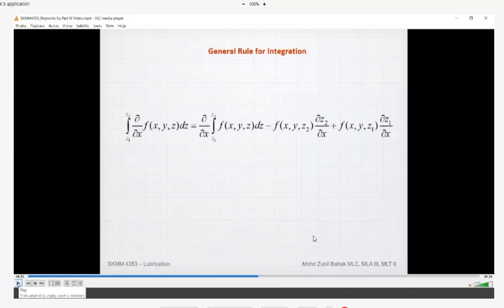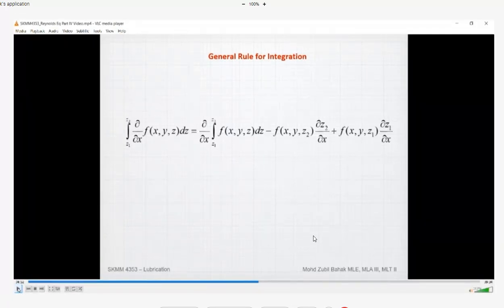This general rule of integration, I think you learned somewhere in mathematics, not in our class and not in fluid mechanics class. So I just picked up this general rule of integration and applied it here. In other words, what you learned in mathematics is being used here to create another equation.